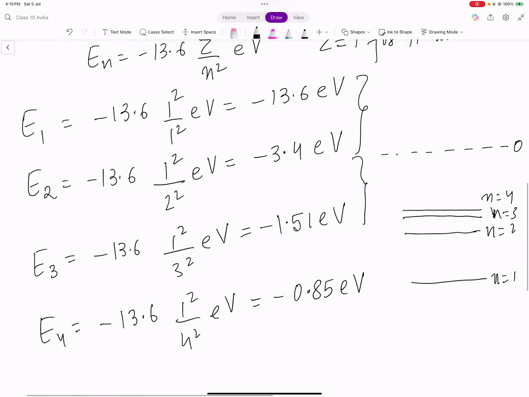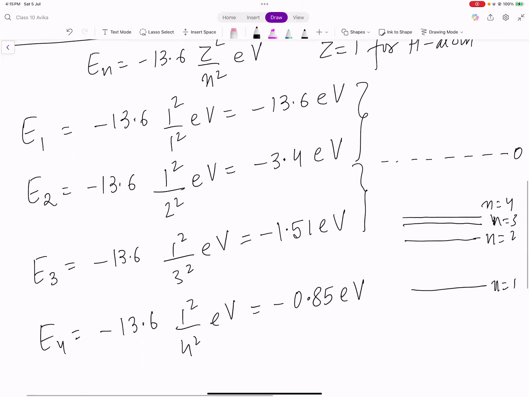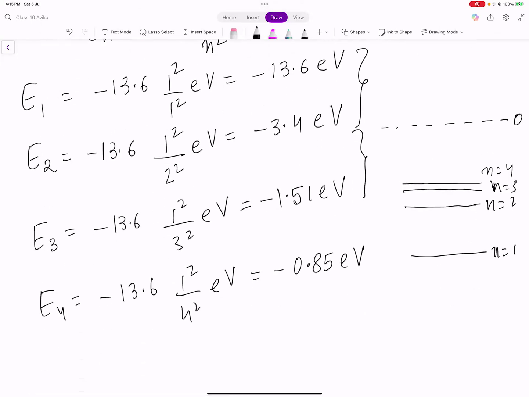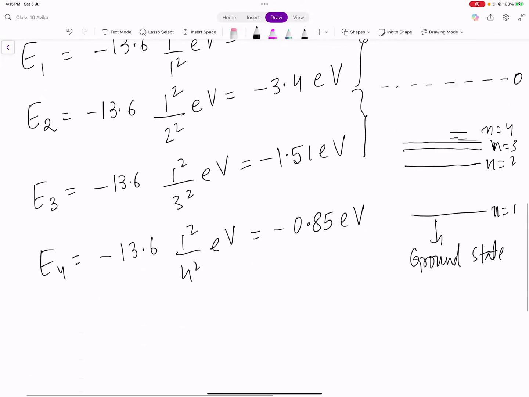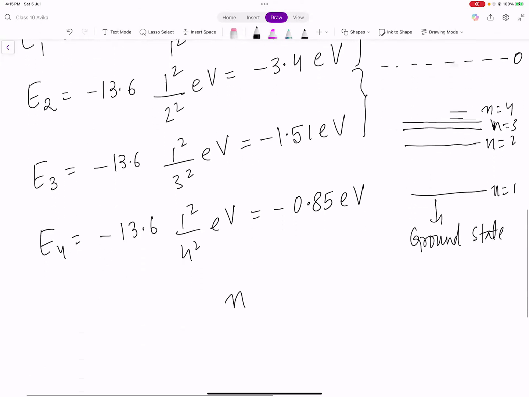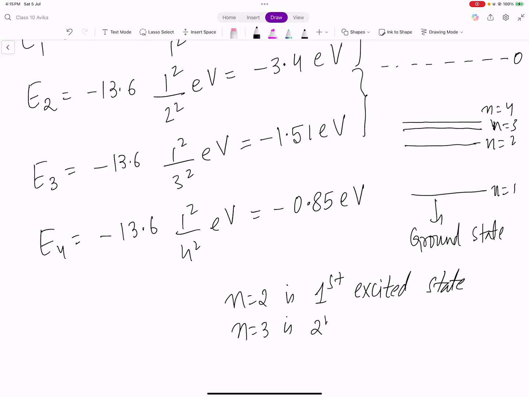So this is called the ground state, and n equal to 2 is called the excited state. So n equal to 2 is the first excited state, because n equal to 1 is the ground state. N equal to 3 is the second excited state.